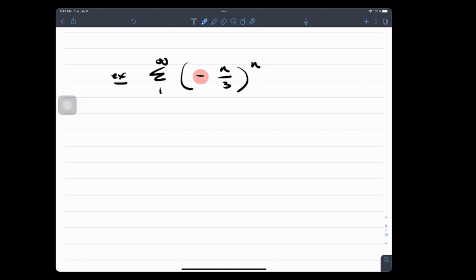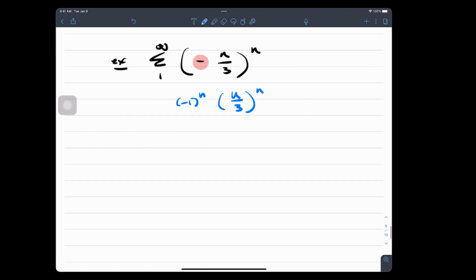Well, by properties of algebra, isn't that -1 to the n, and then I have n over 3 to the n? Right, just by a little bit of that algebra. Then you have this alternating mechanism. So here's my Bn.